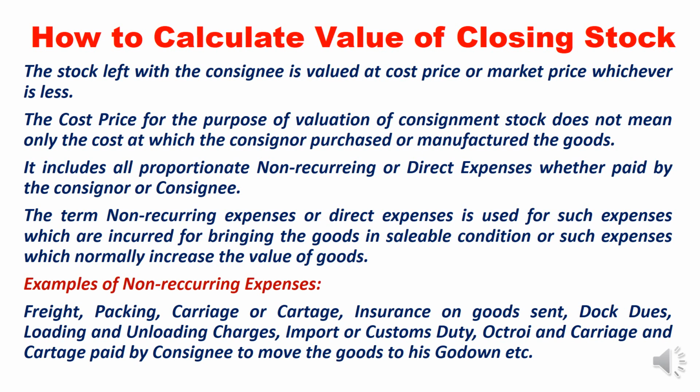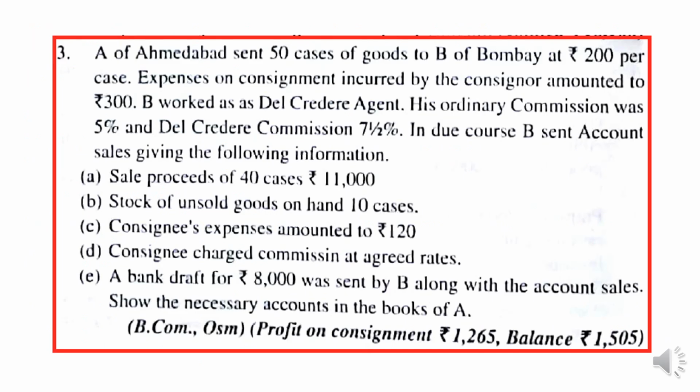So based on the question and the nature of the expenditure, you can determine whether it is a recurring or non-recurring expense. But most significant, while calculating the value of closing stock, we will consider only non-recurring expenses. Clear? So we'll take up the questions, then you will understand better.